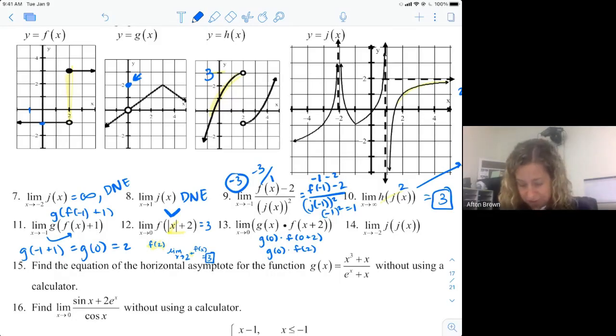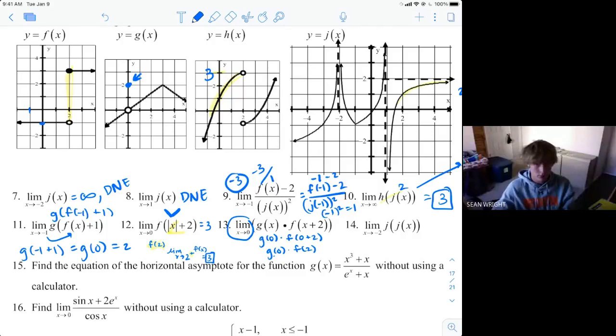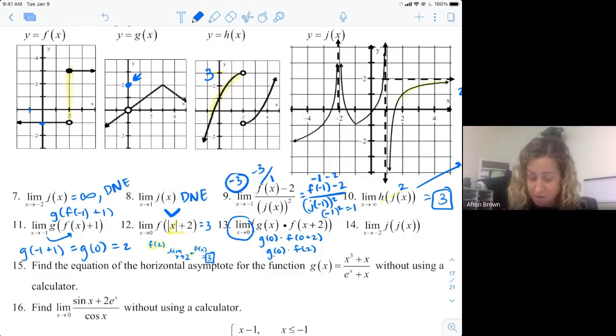What is g at 0? What is the limit of g at 0? Two. No, sorry, the value is 2.